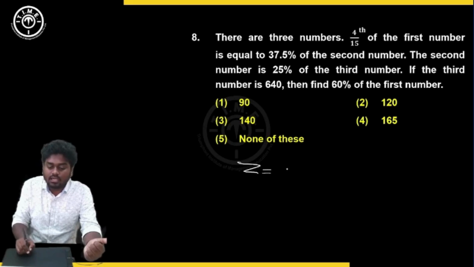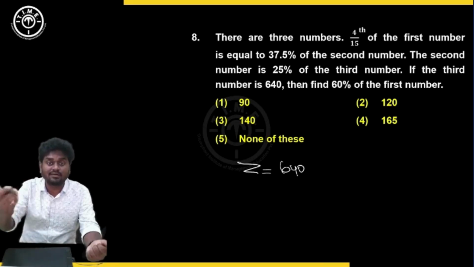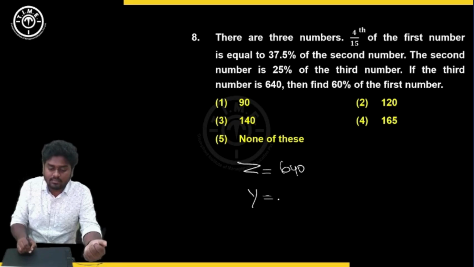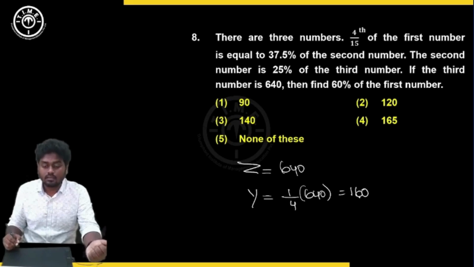The value of Z is given, which is 640. They have also said the second number is 25% of the third number. So y is nothing but 25%, which is 1/4 of 640. This gives us 160. We have found y's value as 160.